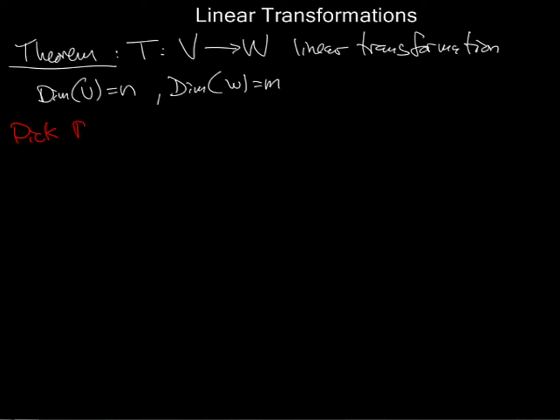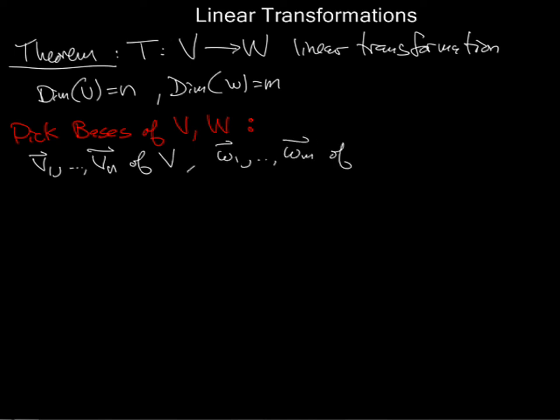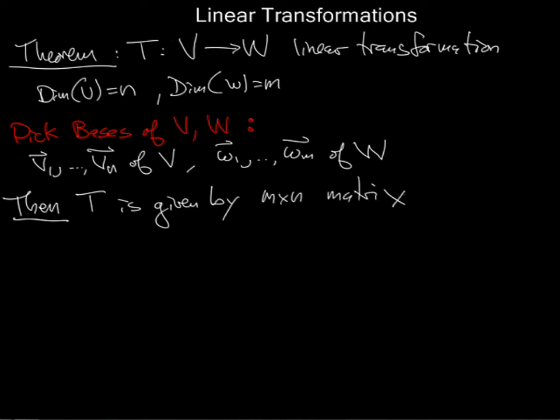And now the key point is you have to pick bases of these two vector spaces. And so you pick a basis of the first one, V1 through Vn, and a basis W1 through Wm of the second vector space. And once you've done that, then the linear transformations from V to W are given by the m by n matrices.